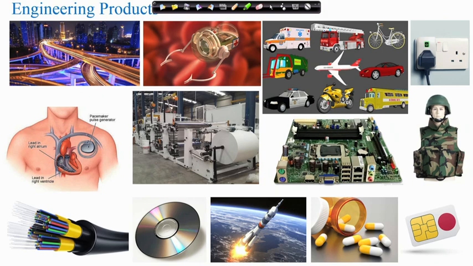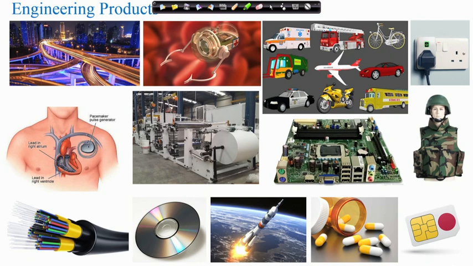Now, you see, they are all designed to serve certain purposes, and their purposes are different. And in order to design these different products, we need different skills. But one of the major differences in all these products is that they are all made of different materials.